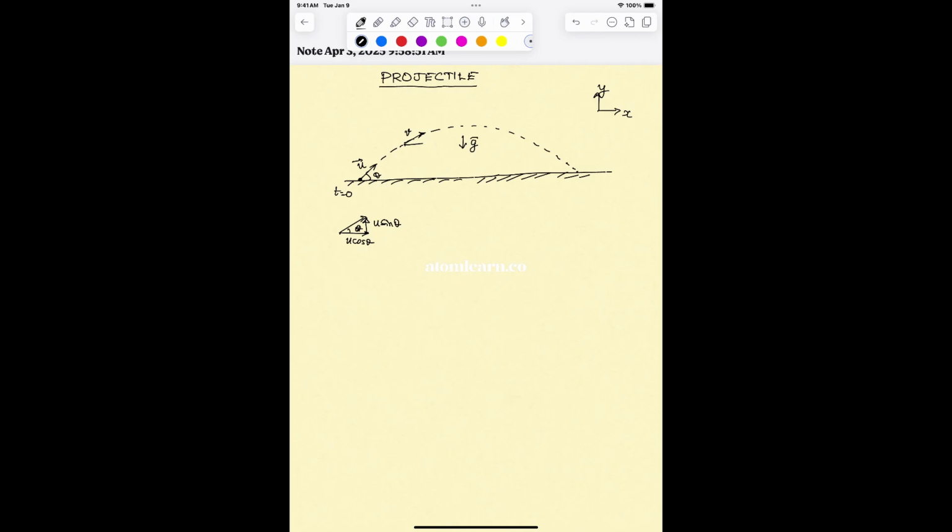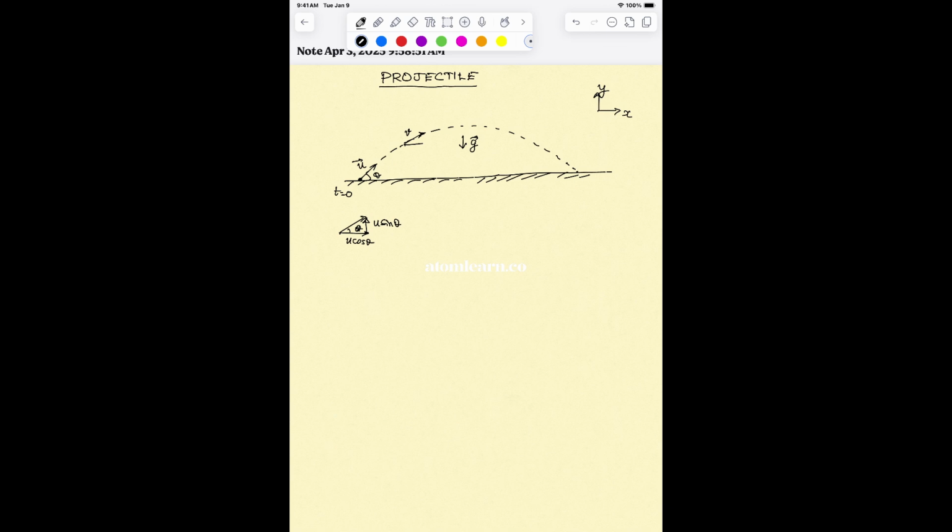It is a constant retardation, g, and therefore the vertical velocity is reducing. Whereas for the horizontal direction, there is no acceleration component. Therefore, it stays as uniform velocity u cos theta.